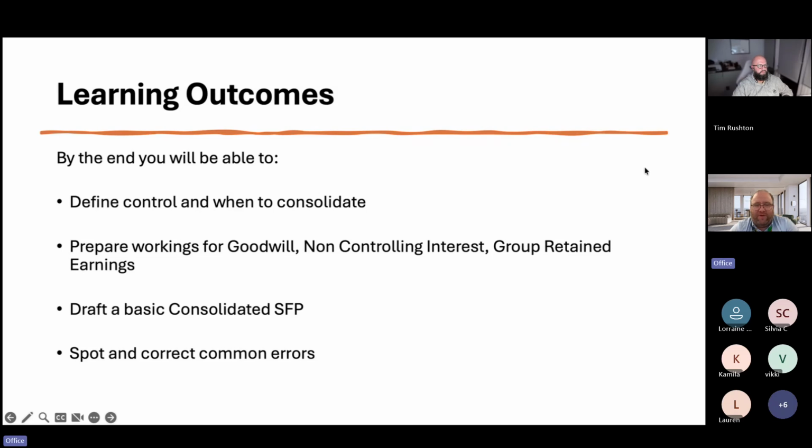So by the end, hopefully you'll be able to define what we mean when we talk about control, and therefore under what circumstances we need to look at consolidated statements. And then be able to prepare workings for goodwill, non-controlling interest, and group retained earnings, because we need to be able to prepare those workings in order to draft a consolidated statement of financial position.